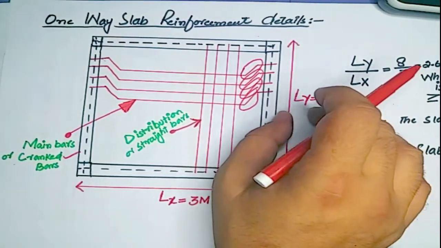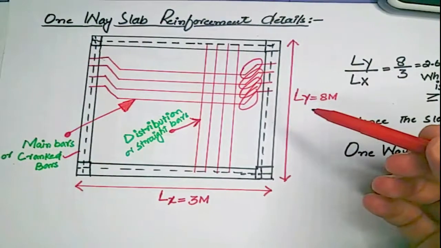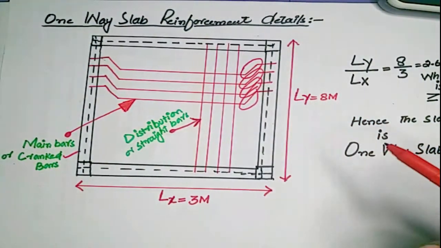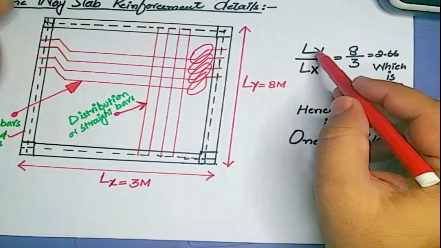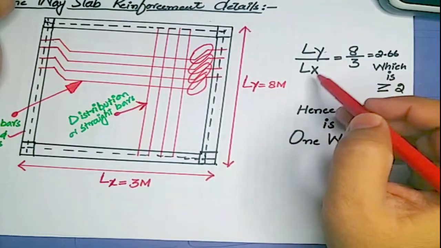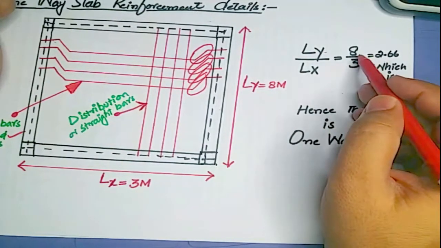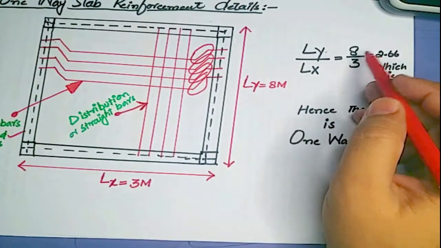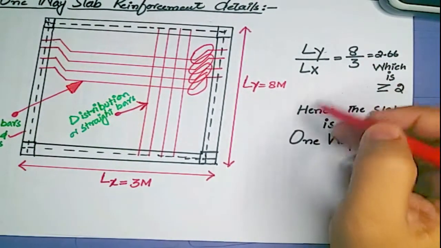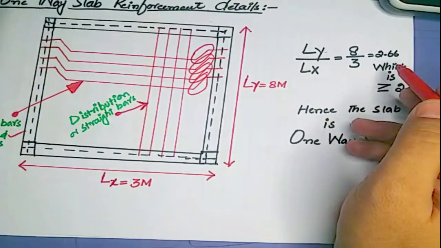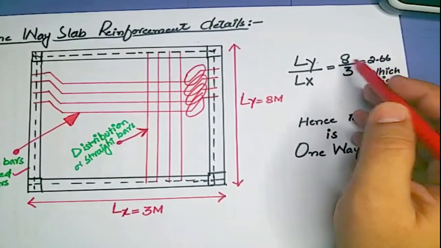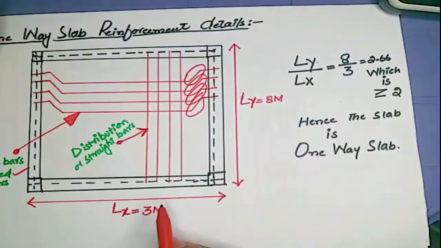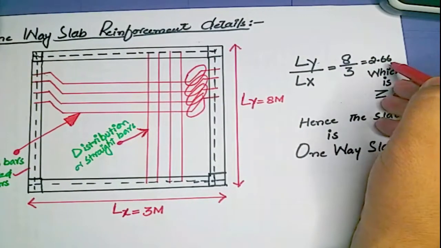So this is a one-way slab. So the ratio of this slab, the longitudinal side to its shorter side: the longitudinal side is 8 meters and its shorter side is 3 meters. So the ratio between the longitudinal and the shorter side is 2.66.